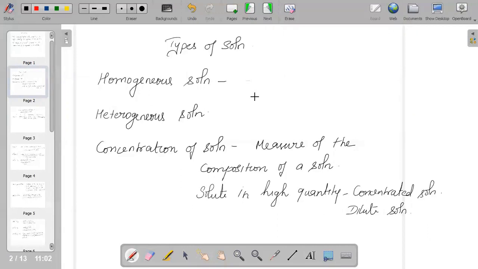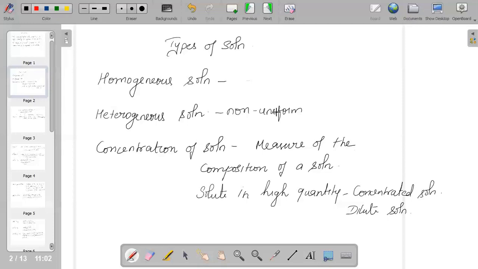And the heterogeneous solution is a solution with non-uniform composition and properties throughout the solution. For example, a solution of water and sand, or a solution of oil and water.